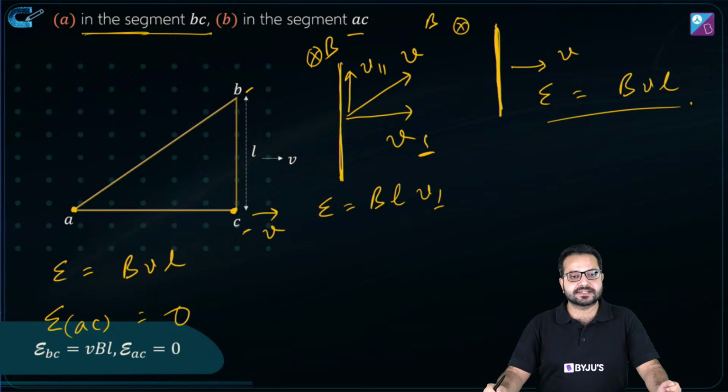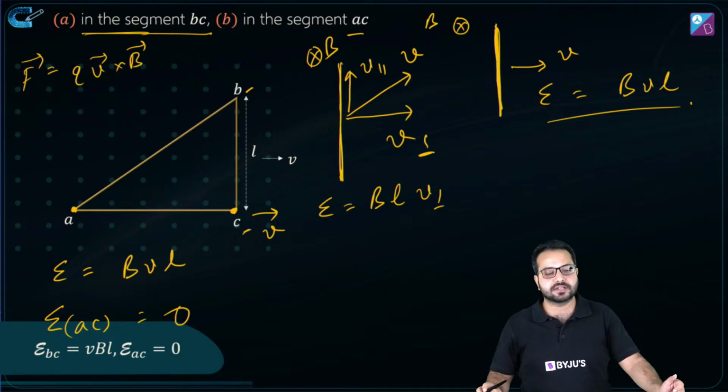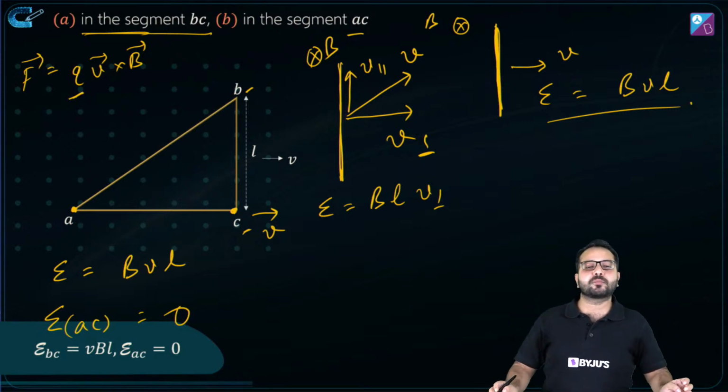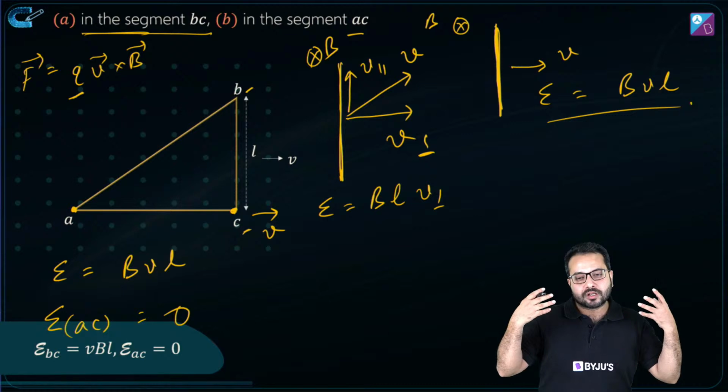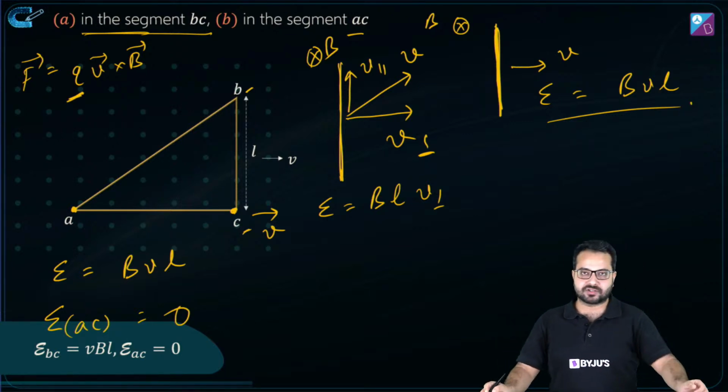Alright, Arshita is saying that B should be at higher potential. Alright, let's see. The force on a moving charged particle is QV cross B. If we are talking about the cause of EMF, it is the electrons, so Q is the negative charge, correct?